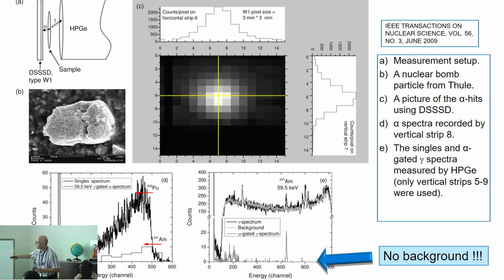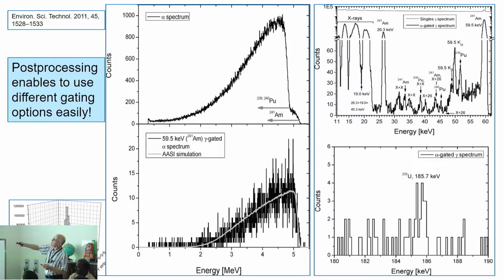And I guess that the background is this gray one. Sorry, there are no colors in this picture. This is a singles normal gamma spectrum here. What you can see here is only a very, very small peak for americium.